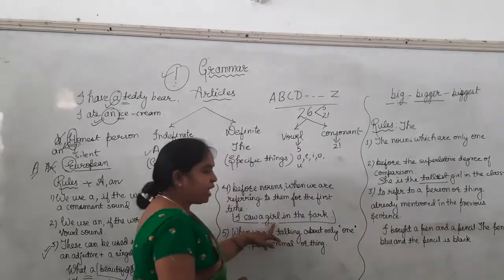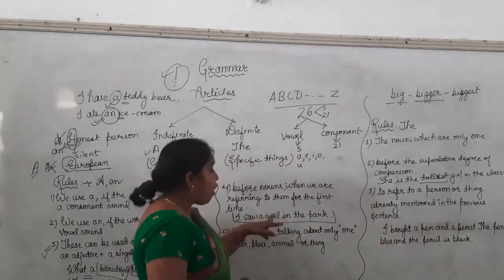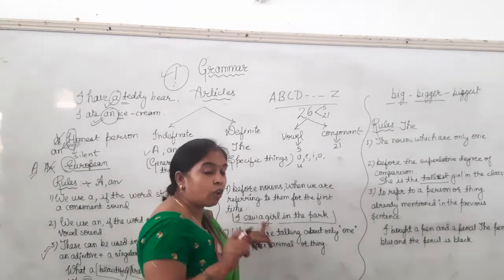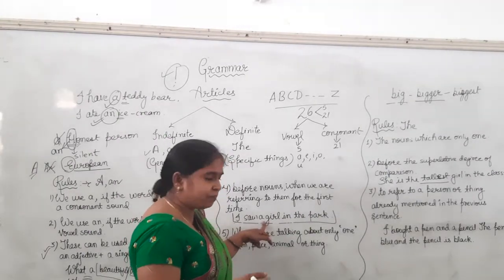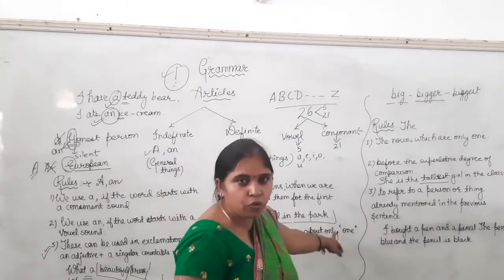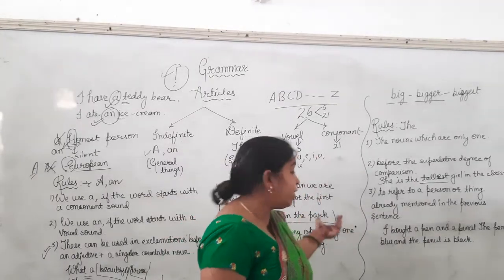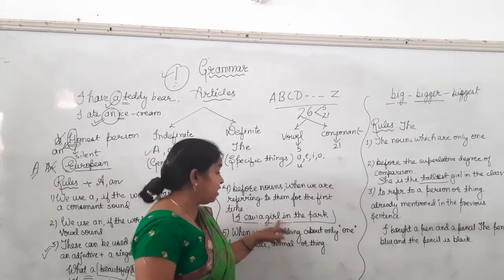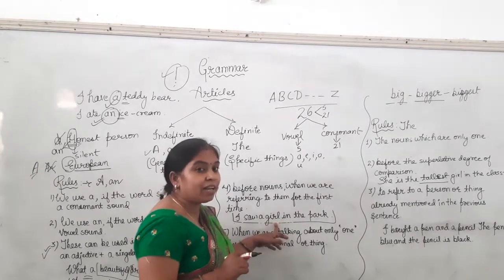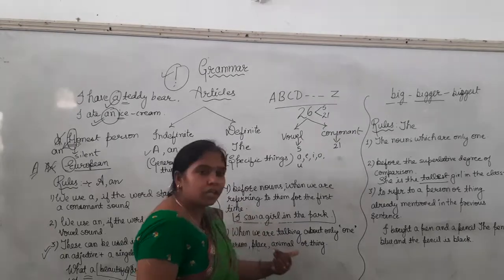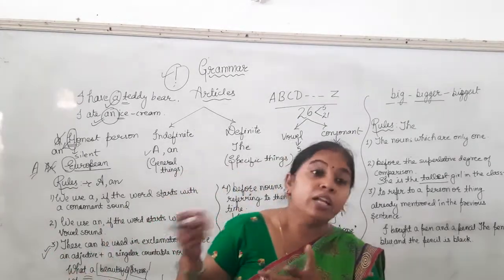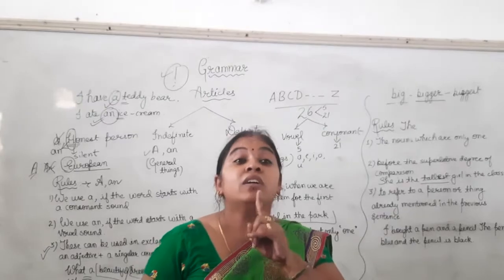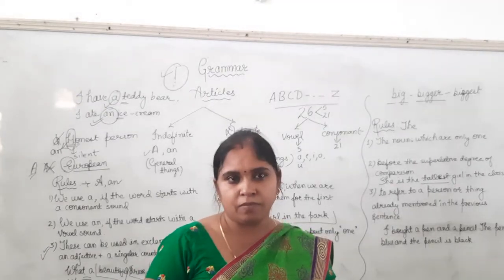Here also we have the same thing. I saw a girl in the park. Here for the first time we use only article "a". But if we continue, then what will come? We will continue with the girl, this girl in the same paragraph. I saw a girl. The girl was dancing. The girl was playing. That time, the second time, the article "the" will come.